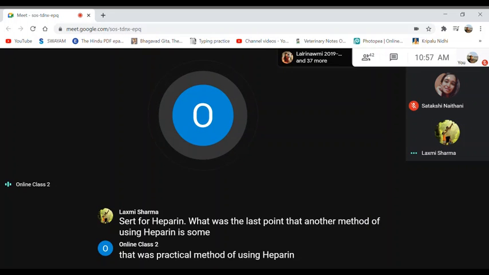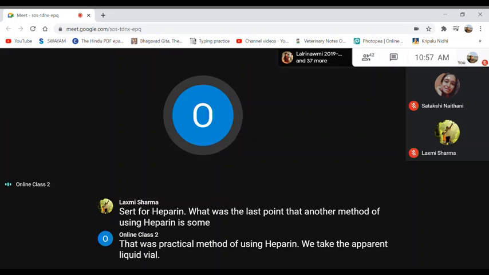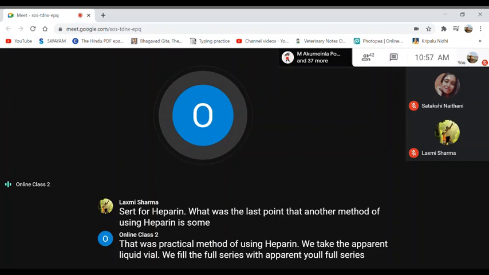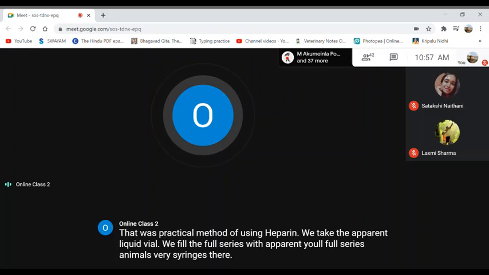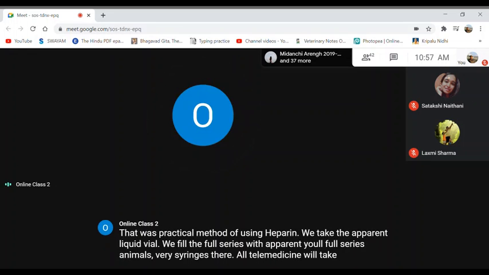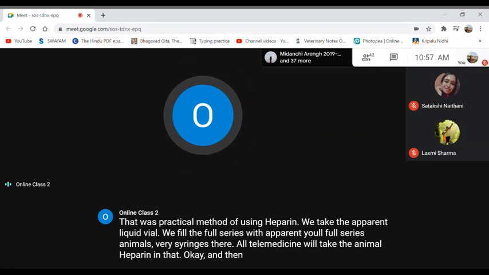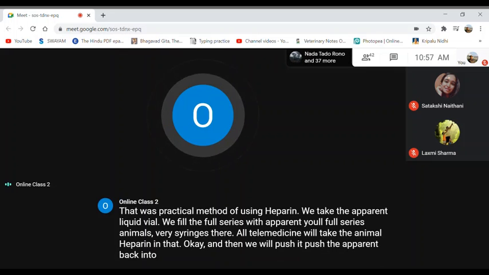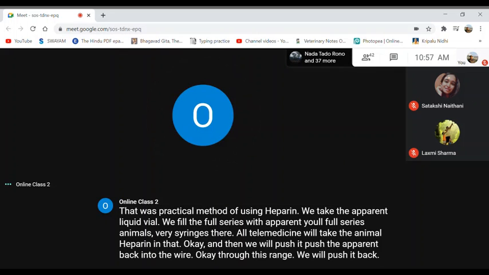We take the heparin liquid vial and fill the syringe with heparin. Say a 10 ml syringe is there; we will take 10 ml heparin in that. Then we will push the heparin back into the vial through the syringe. Now what has happened?